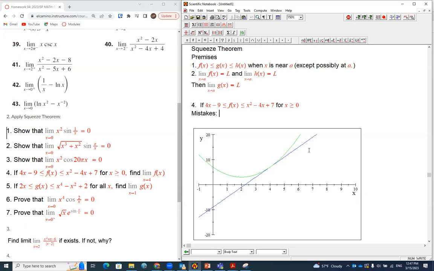Some of the mistakes I saw: some of you took 4x minus 9 for F. At least in your writing, it reflected that you took f of x as 4x minus 9, whether it's a habit or just a careless mistake.